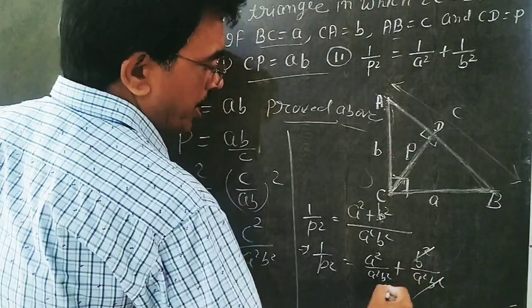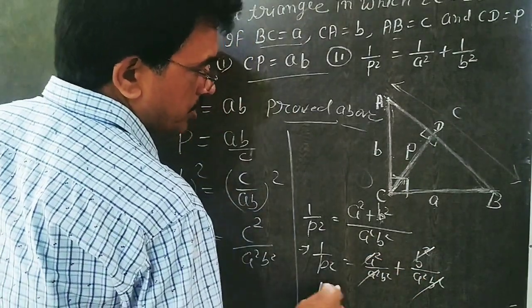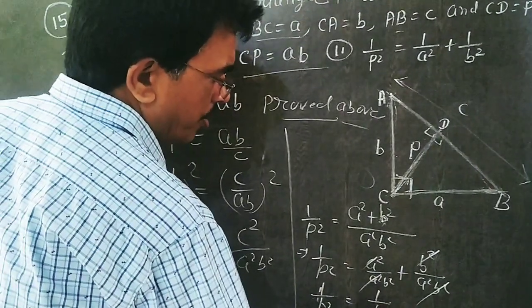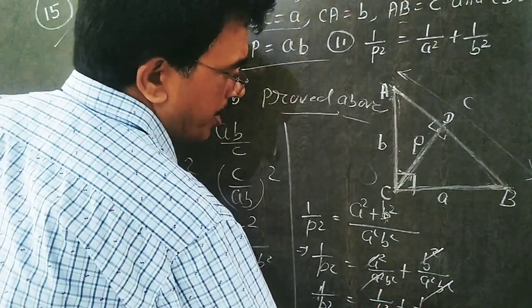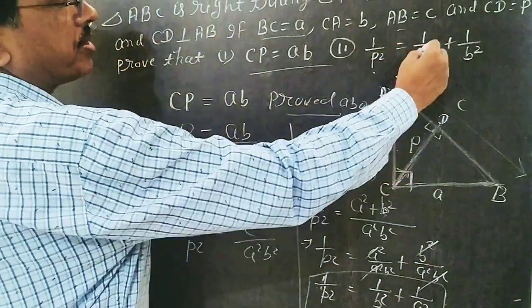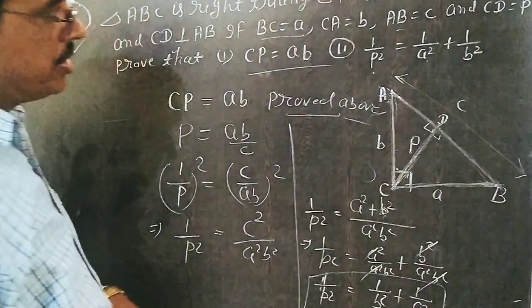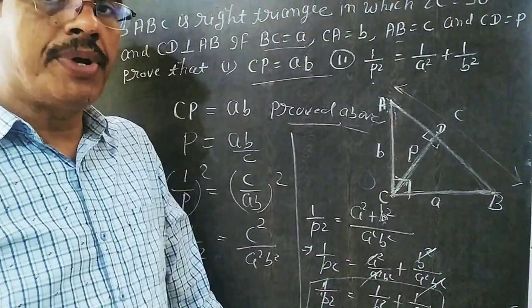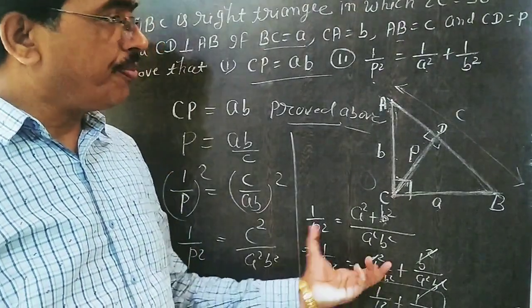The b square cancels, here a square cancels. So you get 1 by p square is equal to 1 by b square plus 1 by a square. That is your solution. You have found 1 by p square is equal to 1 by a square plus 1 by b square. This is the last question of today's session. Next examples I solve in the next video. So please solve with the help of the video.